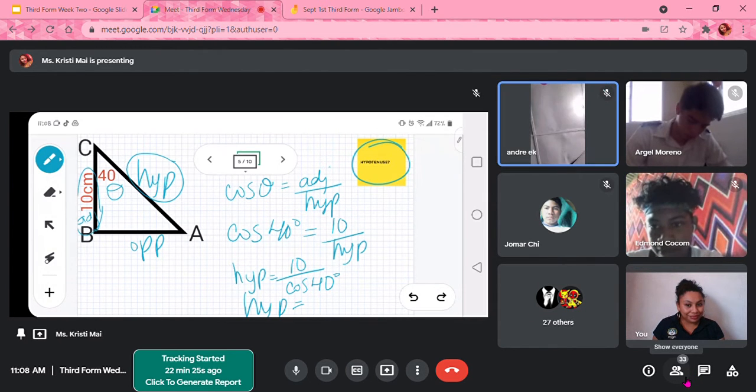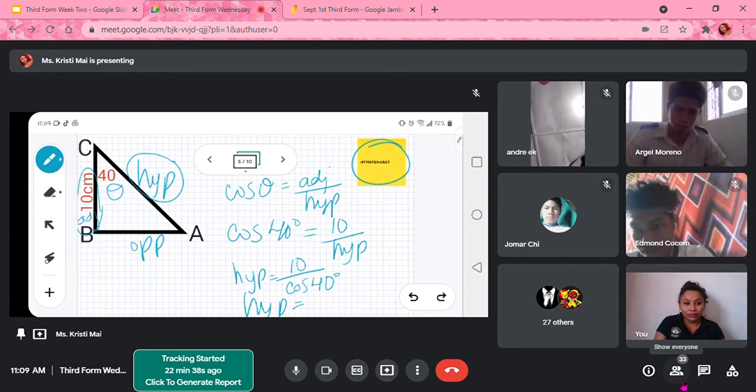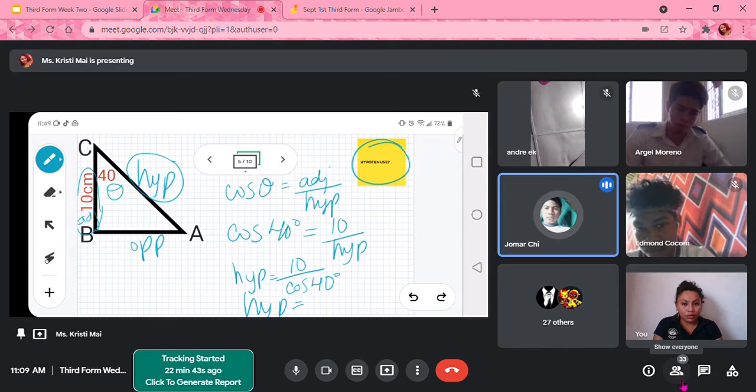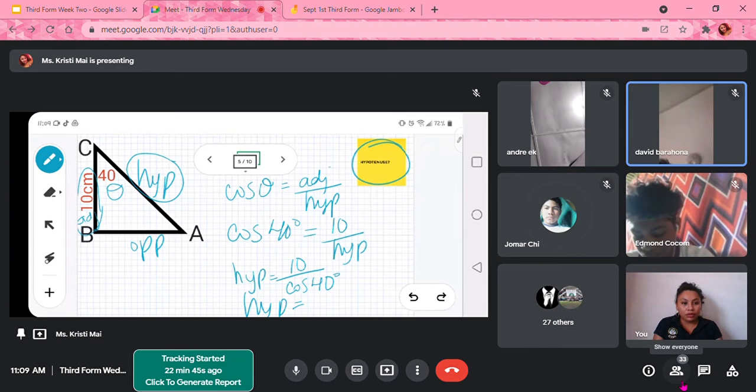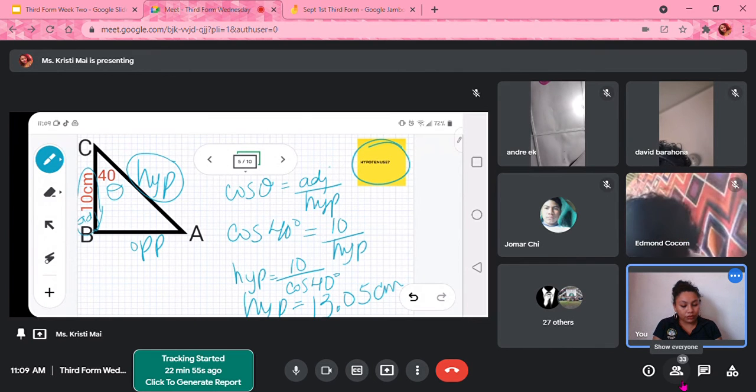And then in your calculator, that is what you will be writing. 13.05. I heard two different answers. It's 10 division, open brackets, cosine 40. 13.05 centimeters.